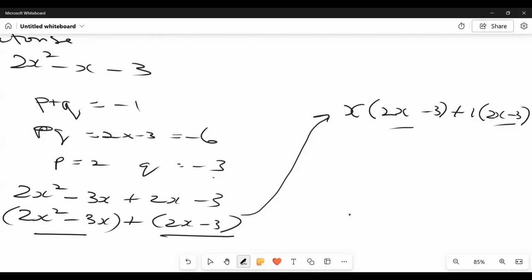So this bracket and this bracket is common, so you can bring it in front. Times x plus 1, right? That's your product there. That's your factorization here. The two factors: 2x minus 3 by x plus 1.